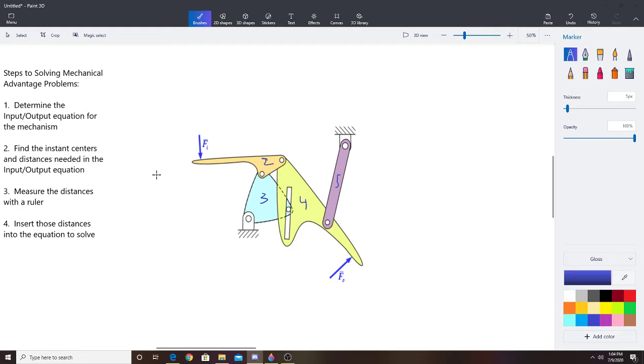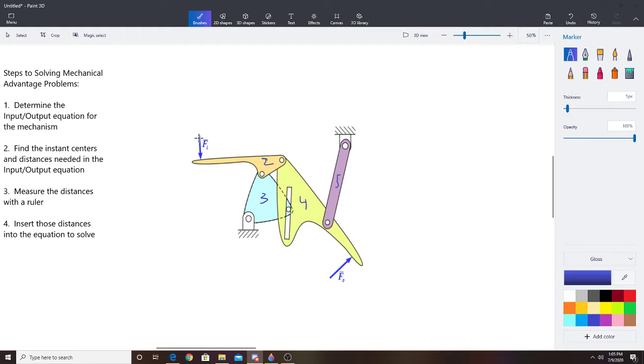So it says determine the input-output equation for the mechanism. So right here, we've started that just because we have to find links, right? We have to know which ones are which. So real quick, what type of question do we have? Do we have a translating or a slider as an output or an input? Or is it all revolute, input and output?